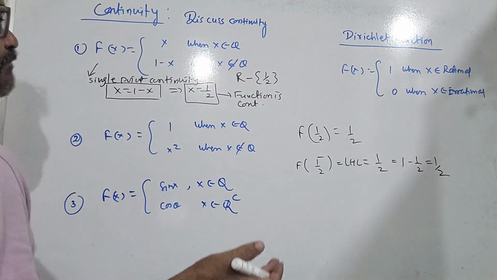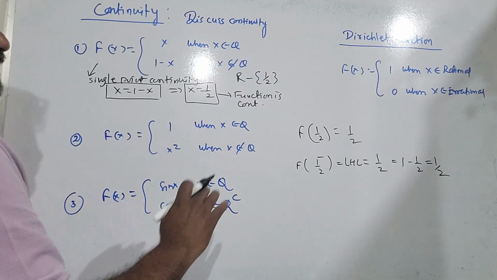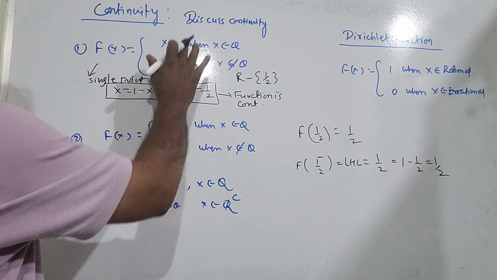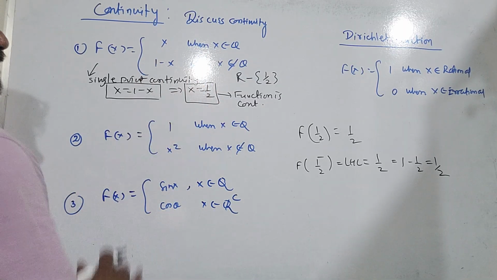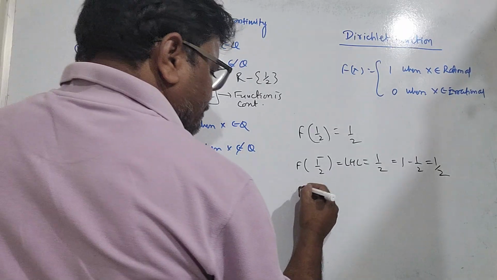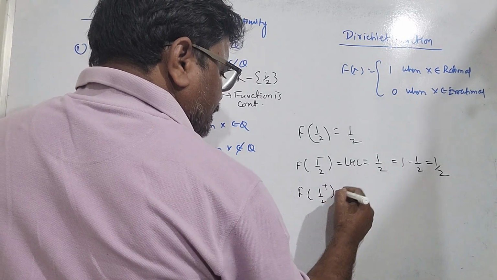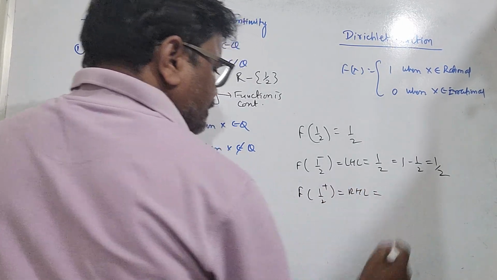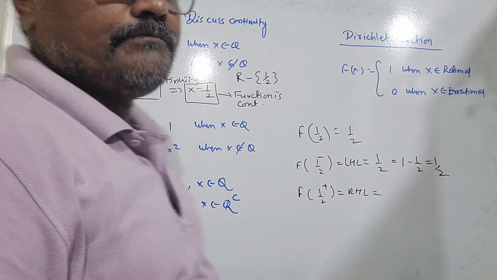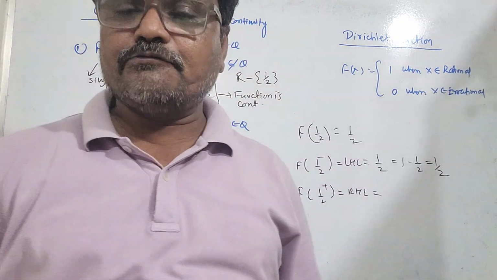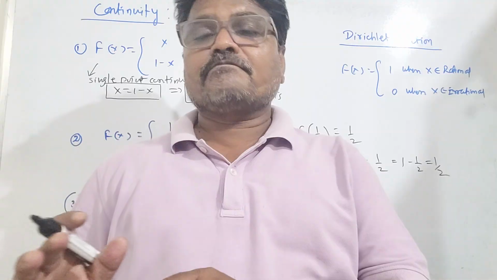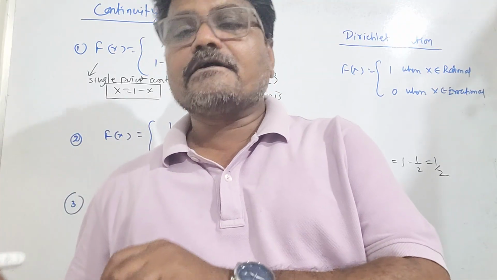So doesn't matter whether we are finding the left hand limit by using this definition or this definition at 1 by 2. Correct? Similarly, for the right hand limit, on the right hand side of 1 by 2, you are also having the same, that is either a rational number or an irrational number.